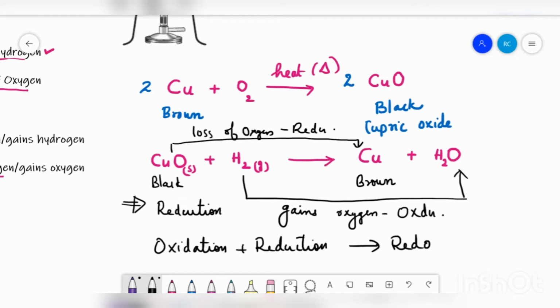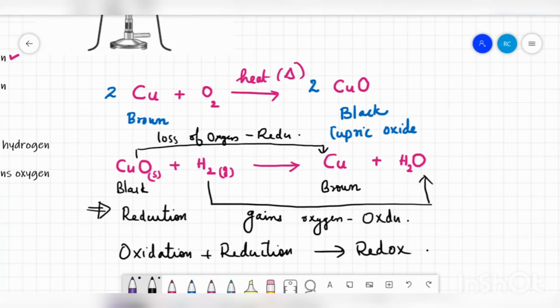So what are redox reactions? Redox reactions are reactions in which both oxidation and reduction take place simultaneously. Now, when you check this copper oxide, you can say that it already contains oxygen.